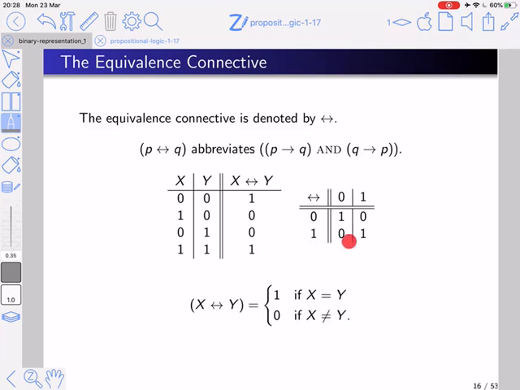You can see that the value of this connective is true only when the two arguments are equal. This is along the main diagonal. So x is equivalent to y if and only if x equals y, otherwise it's false.